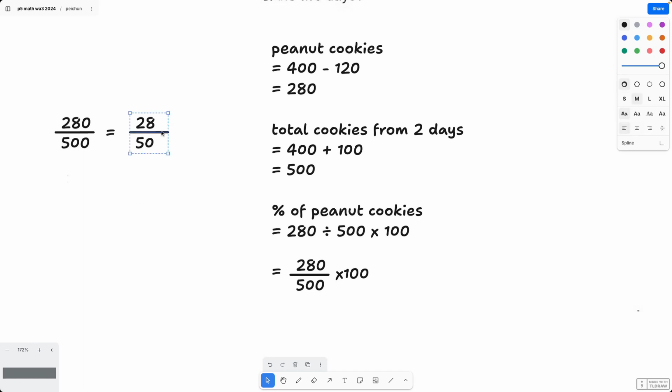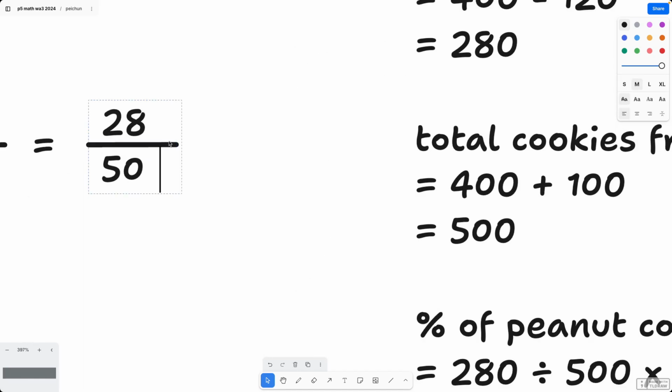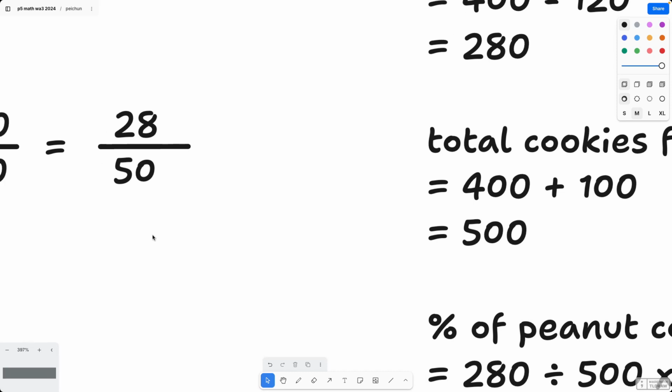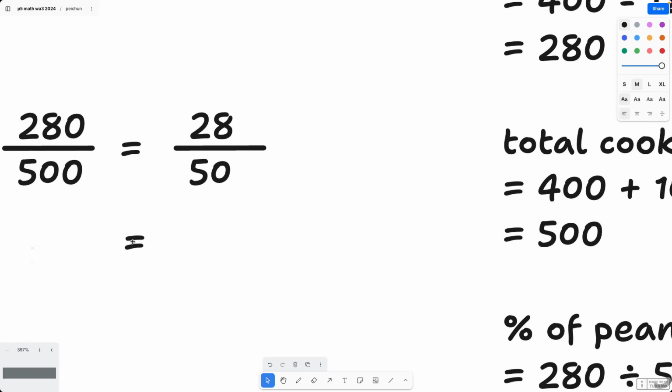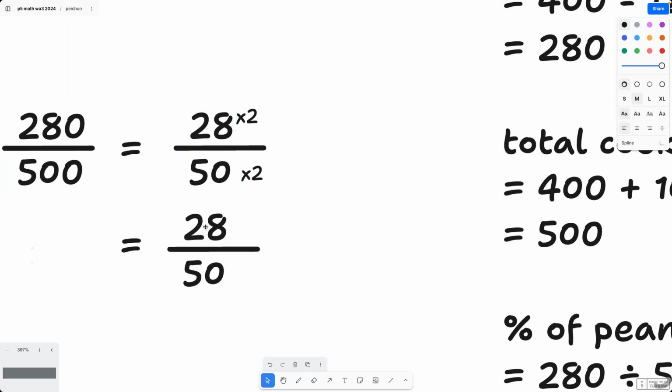Same. That means this is also equal to, if we were to times 2 for both, because 50 times 2 is 100, and then 28 times 2 is 56.